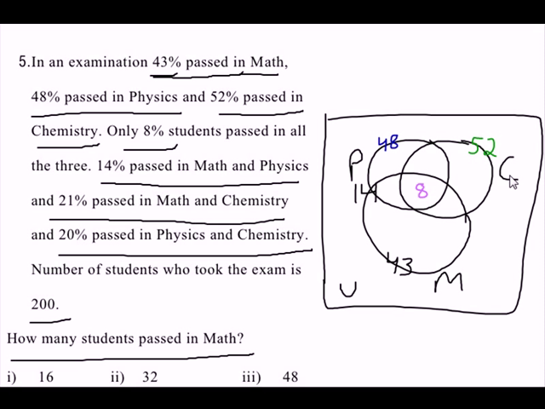We'll see how this information plays a role in solving the problem, but let's first put all the information into the Venn diagram. Similarly, we have 21% passed in math and chemistry, so I'll put 21 here, and 20% in physics and chemistry, so I'll put 20 here.